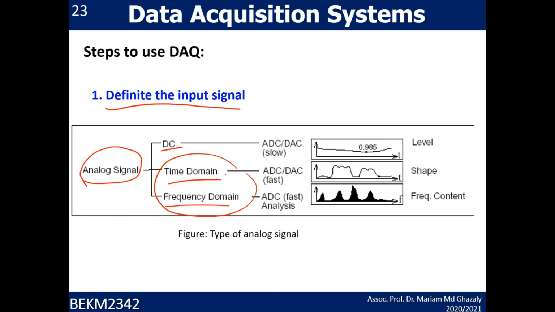Later, when you learn signals and systems, you will know in detail what they mean. Here you will see that all of them are analog, so you need to convert from analog to digital. If it's DC, you directly look at the value in DC. But if it's time domain, there will be some shape or graph that you plot. And for frequency domain, you look at it in terms of frequency, in hertz.